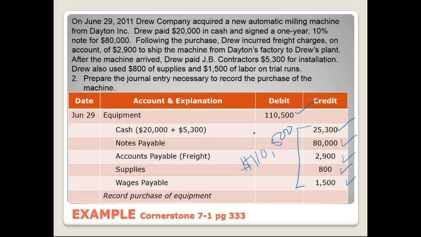Let me just remind you right here, when we made that debit to the equipment account, that's an asset account. That's a fixed asset account in the category of property, plant, and equipment. And so this just became what we call the book value, the book value of that automatic milling machine. On the date of purchase, its book value equaled the total cost.